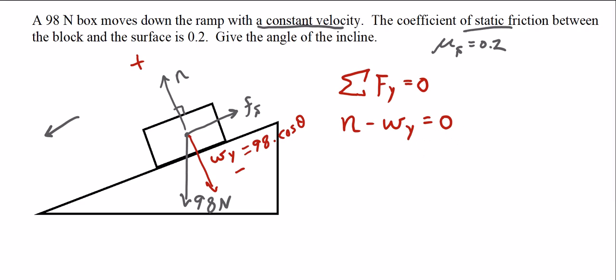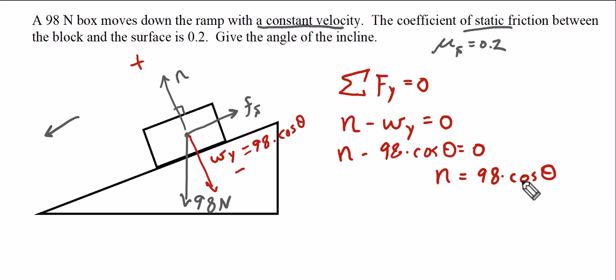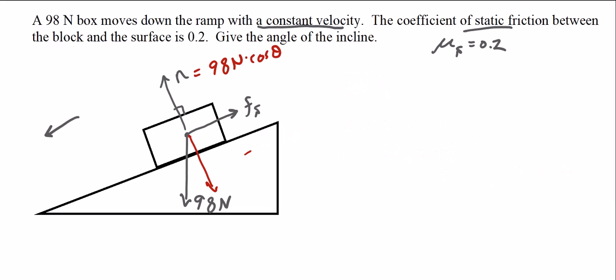But after doing some trigonometry, we find that that's the weight times the cosine of theta. And if we solve for the normal, we get this. Now, this 98 times cosine theta has a theta, right? That's a variable that we need to look for. We'll move this aside to use later.